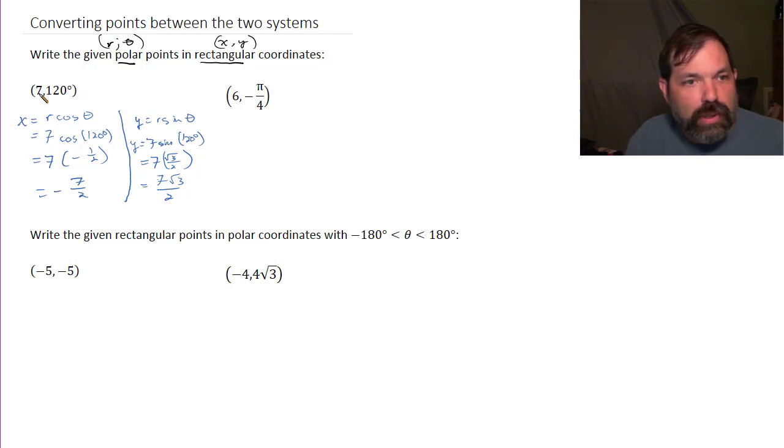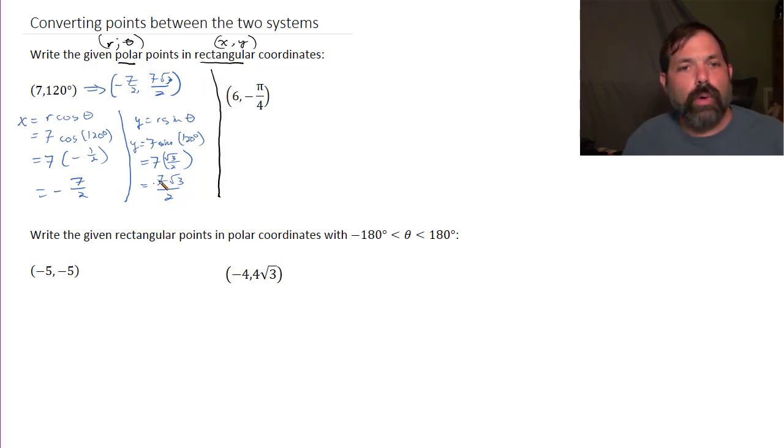So then 7, 120 degrees, that polar point in rectangular coordinates is the point negative 7/2, 7 root 3 over 2. Why don't you try the next one on your own? Convert the polar point 6, negative pi over 4 to rectangular.